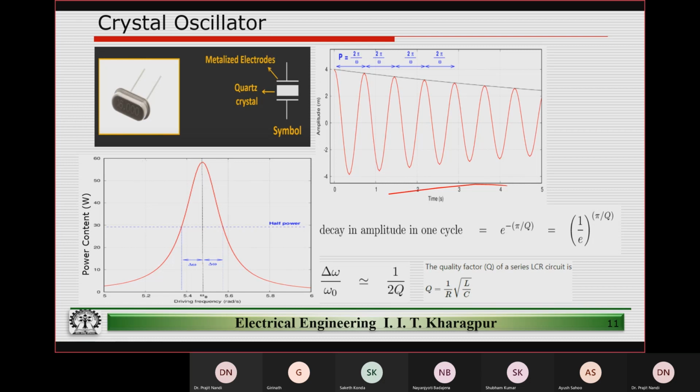And for an LCR circuit, if you have an LCR series circuit, you can do the math and see that the Q is inversely proportional to the resistor. This also again makes sense, right?